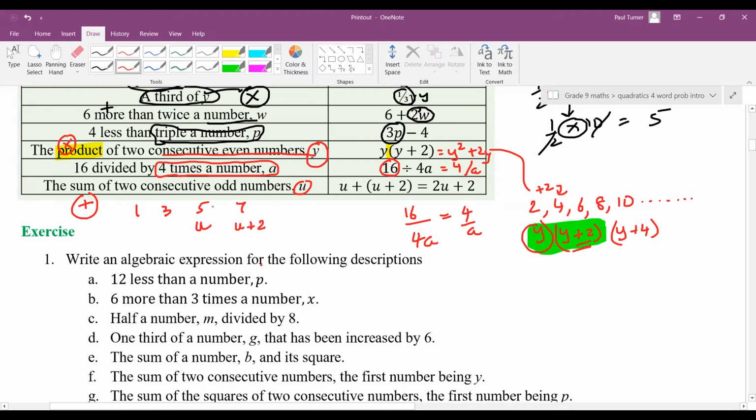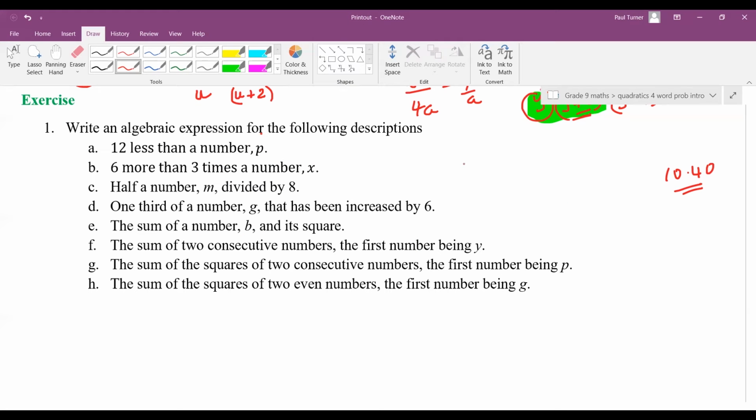So the rule is the same whether it's odd or even. It will be U plus 2 as the next odd number. Okay, so the first number is U. The next odd number would be U plus 2. And it says sum, so we add them here. So if you simplify that, you'll get 2U plus 2 if you simplify and remove the bracket.